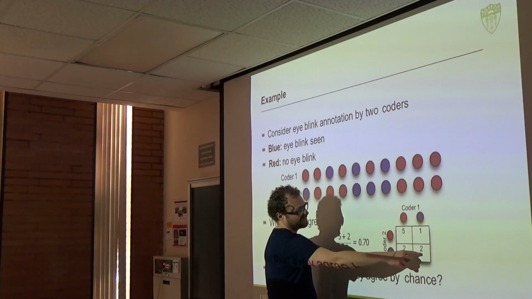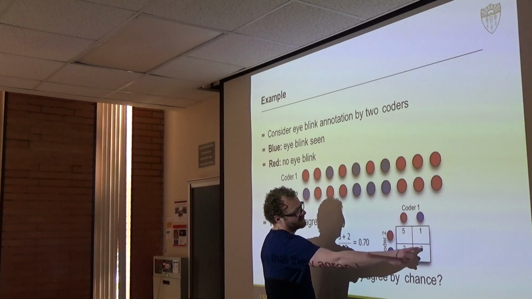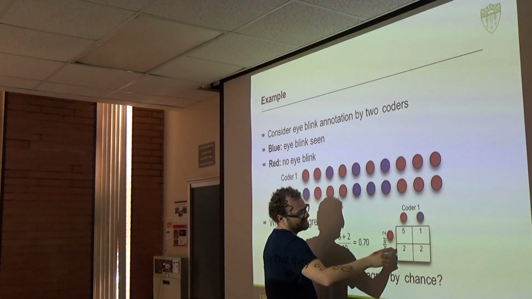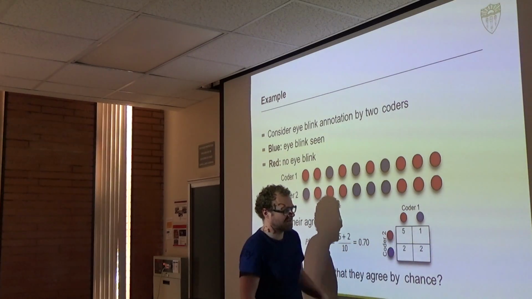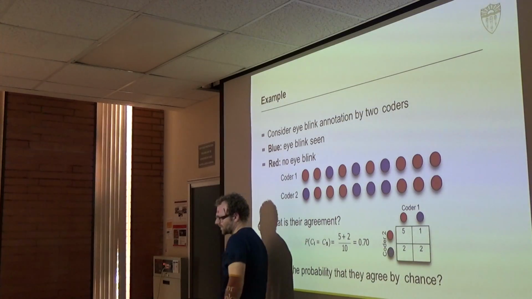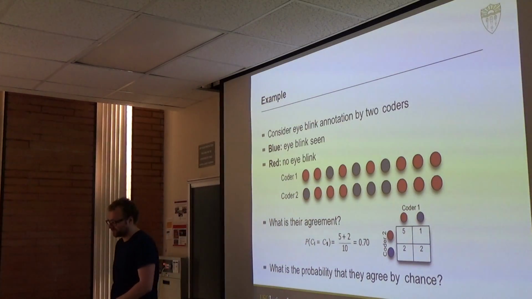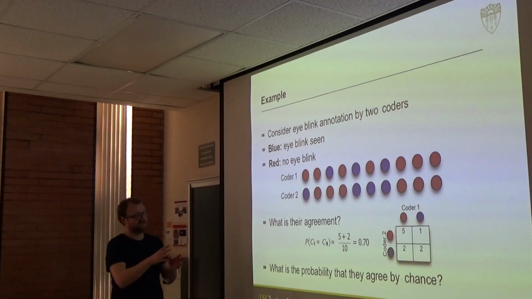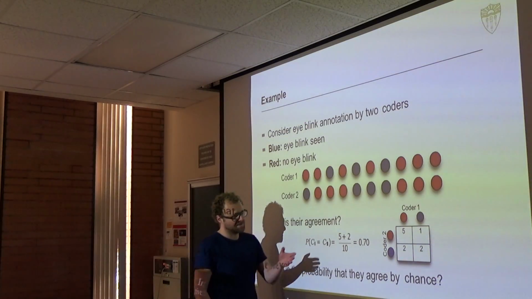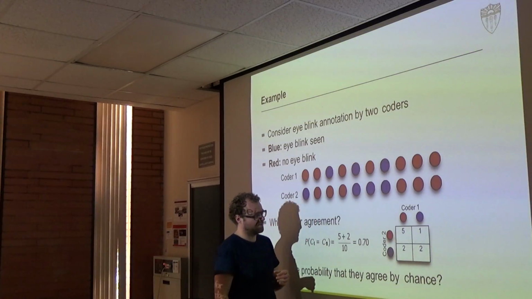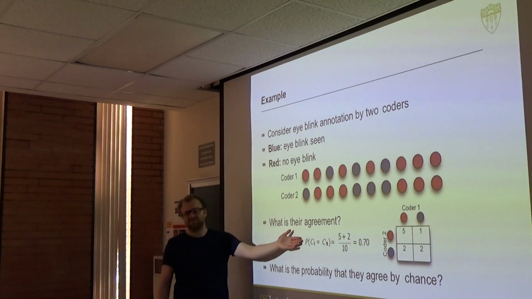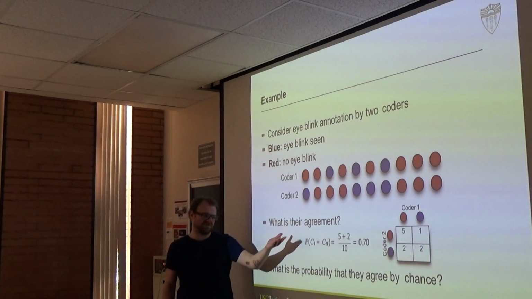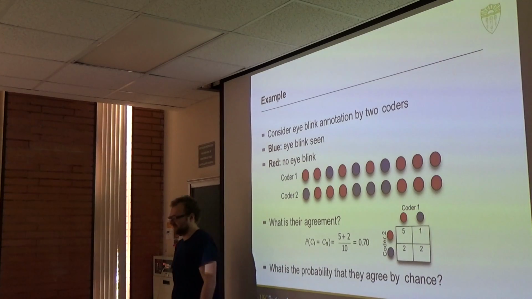When there is an eye blink, they don't really agree too much. So this corner here should have more support. And now you want to use this as an agreement: how much do these people agree? One way to do this is to count the number of times when they're the same. So this is about 70% of the time.